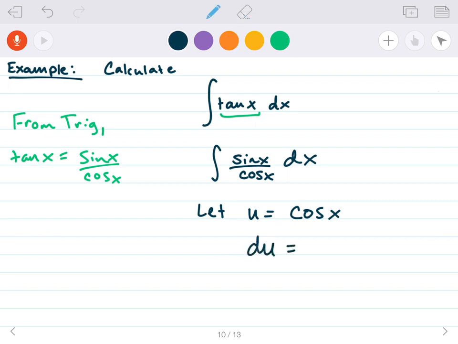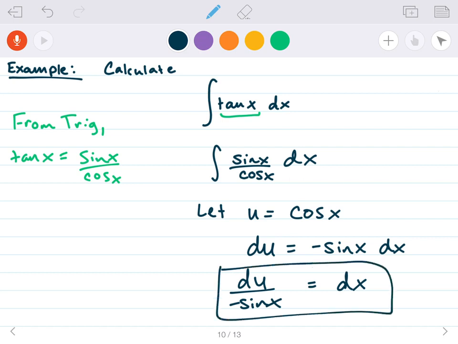The derivative of cosine is negative sine of x. Taking the derivative of both sides. Now, if we isolate dx, we get dx equals du over negative sine of x. And aha, I think this is going to work.